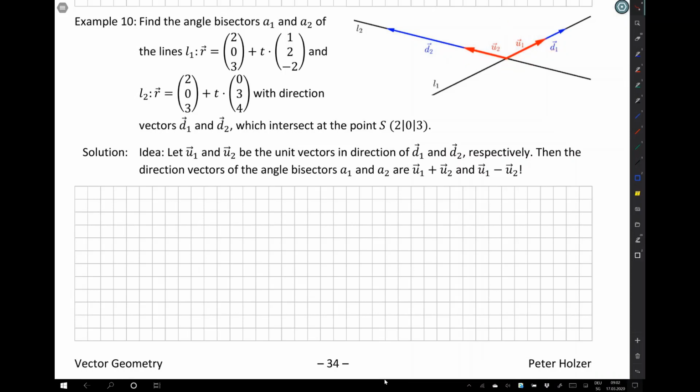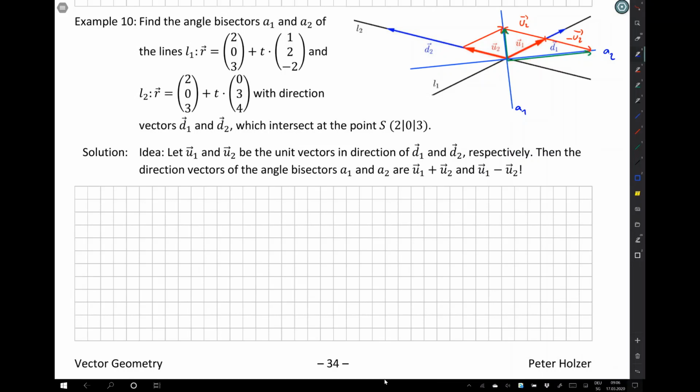The idea how to find the angle bisector is to determine first the unit vectors of the direction vectors, and then we see that we get the direction vectors of the two angle bisectors as the sum u1 vector and u2 vector, or u1 vector minus u2 vector.